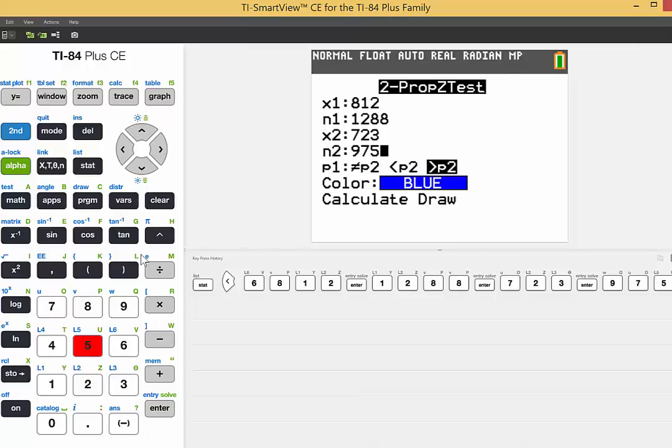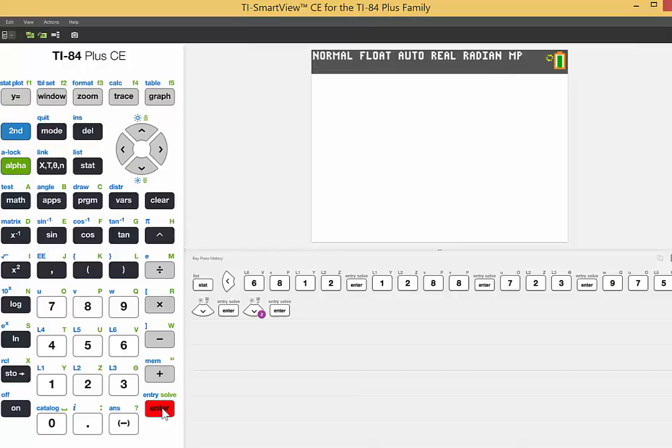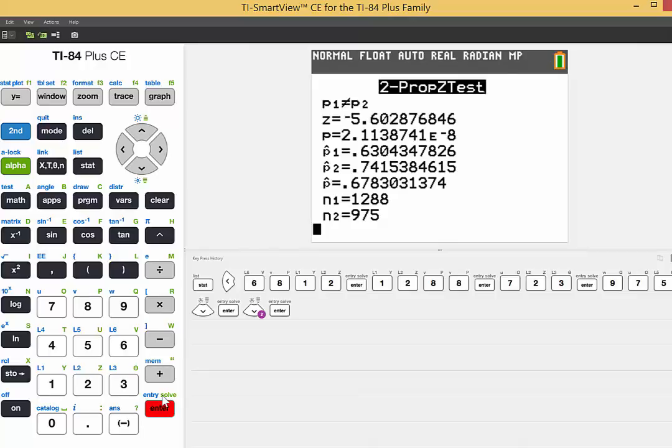Now we'll want to get the direction of the alternative hypothesis correct, and that will be not equal to. So we'll hit enter, and then we'll hit calculate. And we find a z-value of minus 5.60 when we round to 2 decimal places.